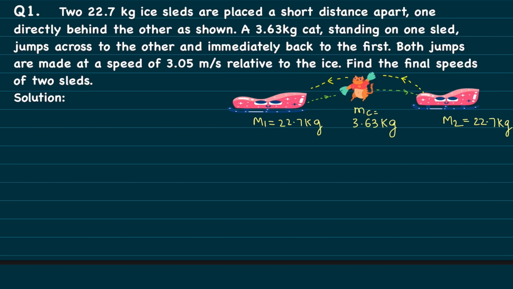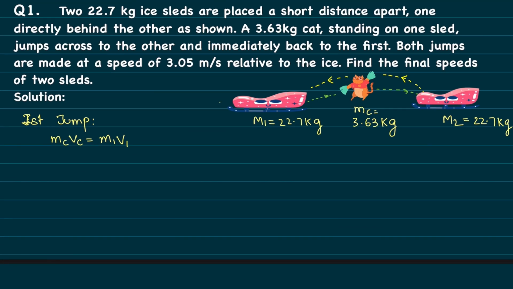So we can write, let's say, the first jump. According to the first jump, the mass of the cat times the speed of the cat must equal the mass of the sled times the speed of the sled. The sled is moving towards the left, right?